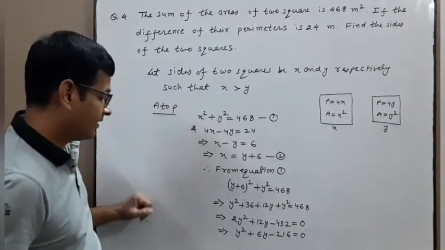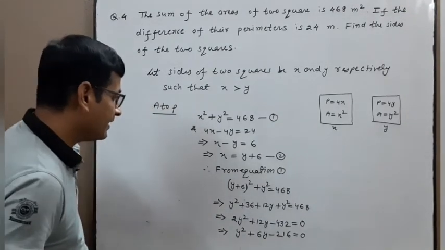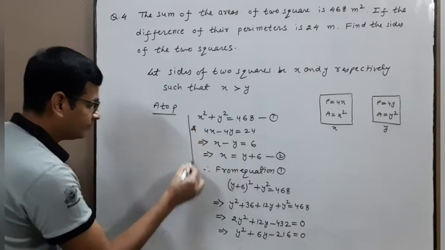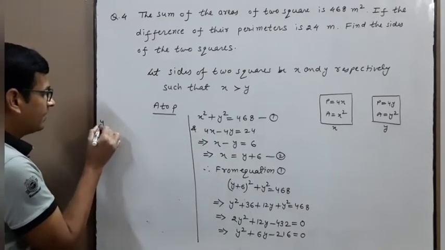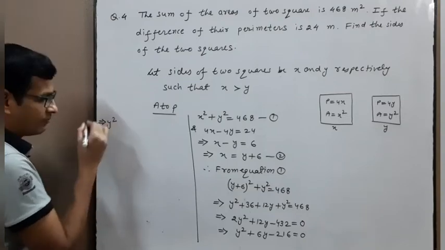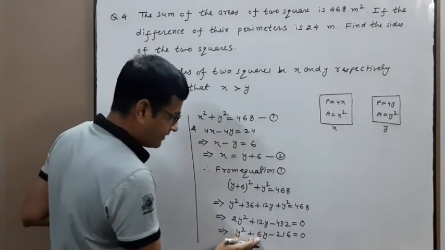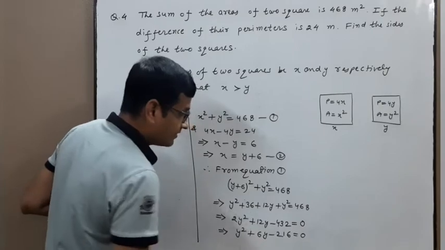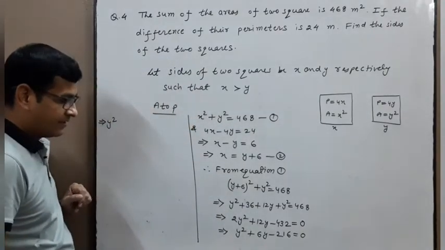Now find the value of y by splitting the middle term. Tell me two numbers whose sum is 6 and product is 216.